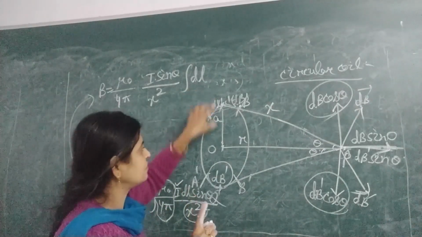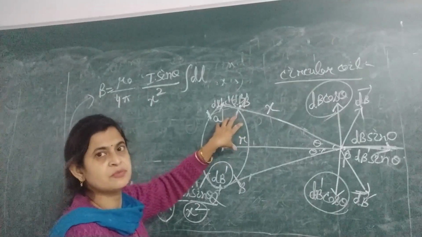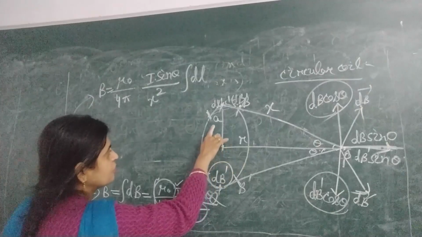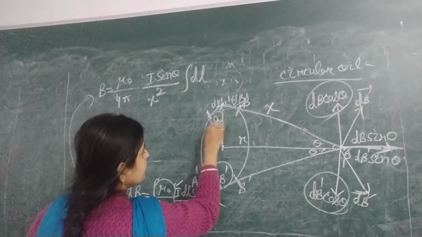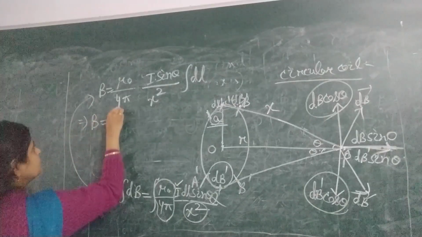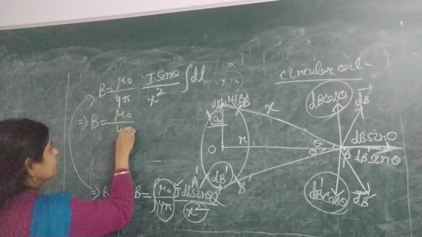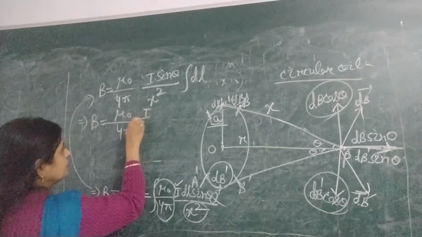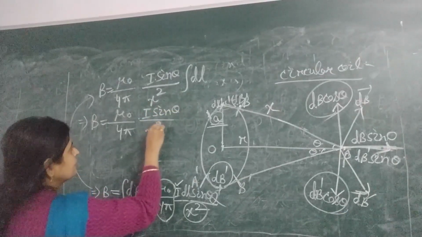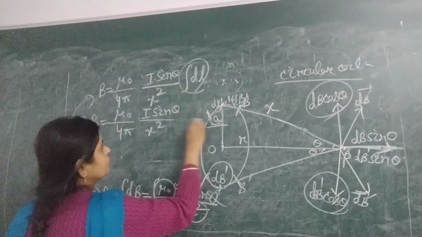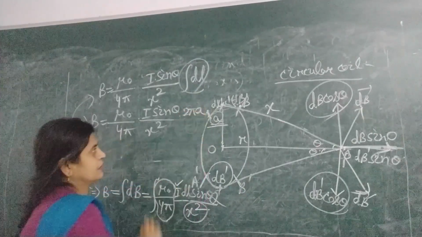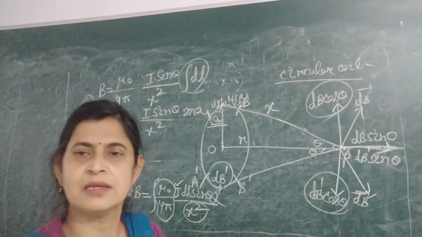This is our circular coil, so we have to consider the circumference, which is equal to 2 pi a, because the radius is a. So we can write B is equal to mu naught by 4 pi I sin theta divided by x square into 2 pi a. Clear?